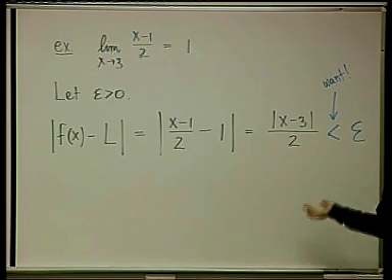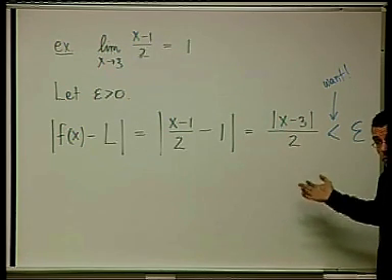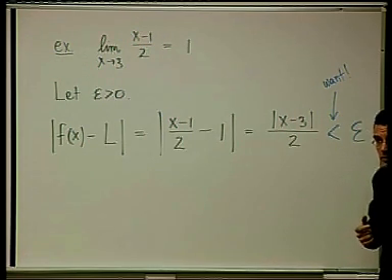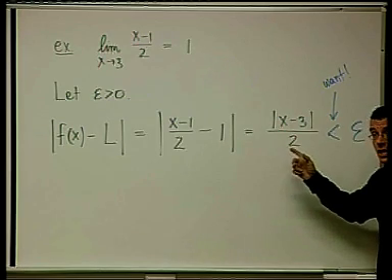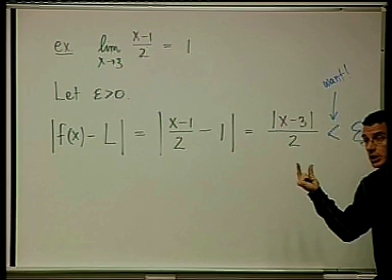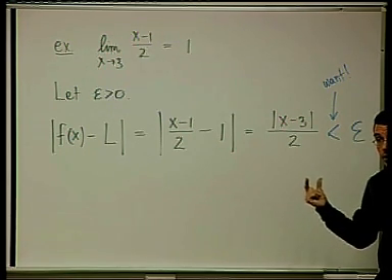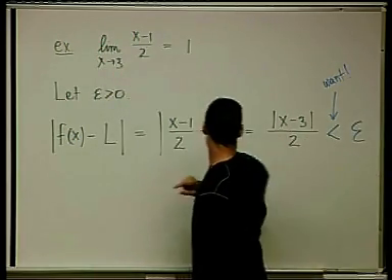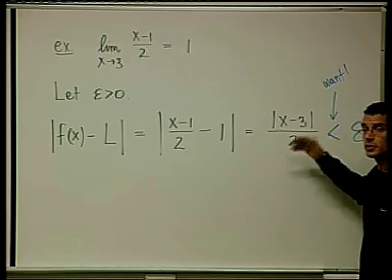Is it always going to be less than epsilon for any x? The answer is no. That's missing the whole point. It's not going to be less than epsilon for any x. It's going to be less than epsilon only for x's sufficiently close to a. What is a? 3. x goes to 3. So this is going to hold only for x's which are close enough to 3.